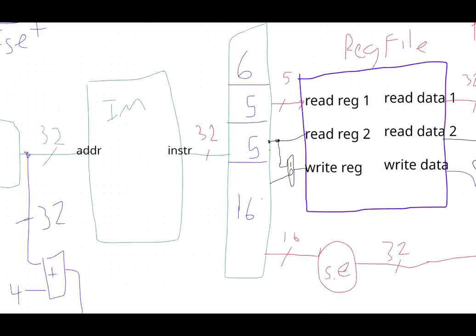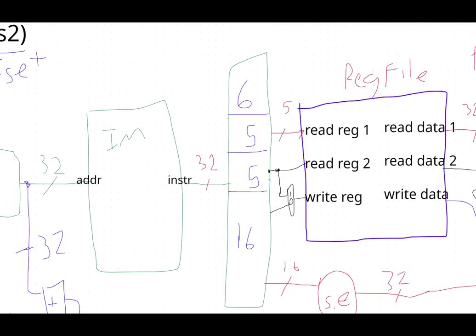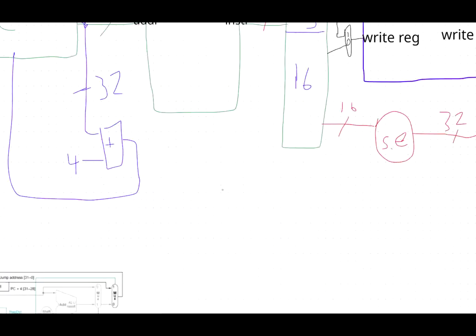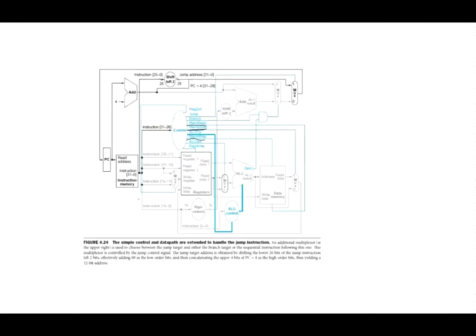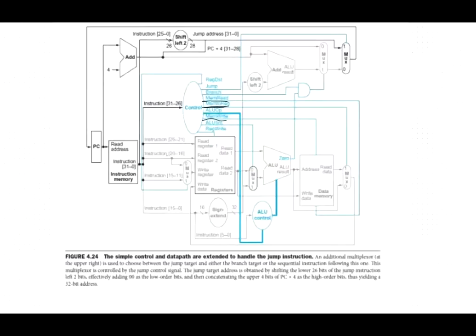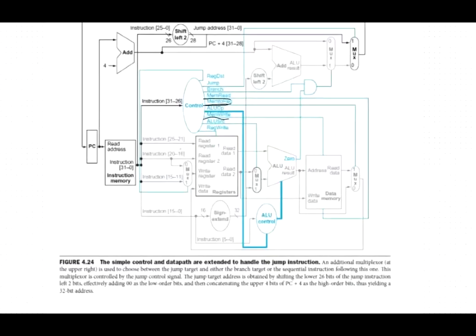And I think this is also why this multiplexer probably won't be demanded of you, because the computer doesn't know how each thing is broken up. Sure, it's 32 bits, but if you look at the diagram, it says instruction and then brackets and numbers. Those numbers tell you the bits of the instruction and where those specific bits are being sent to.